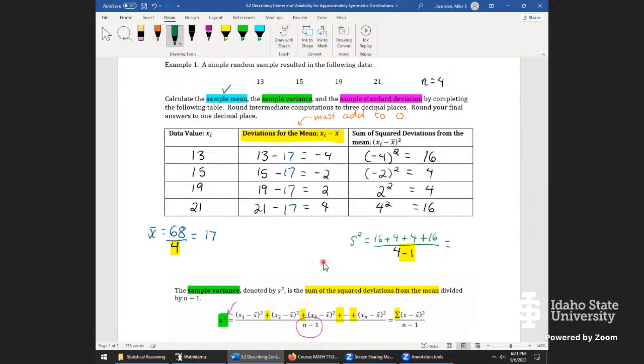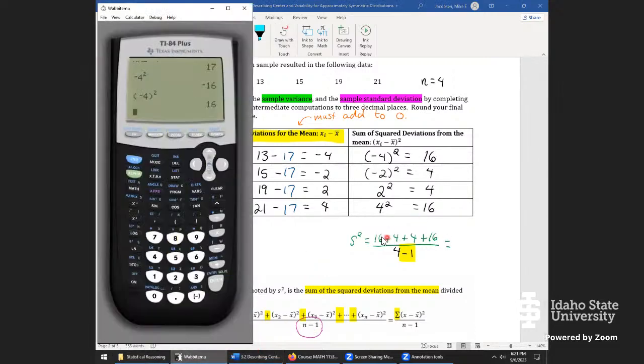Okay, so back to the calculator. If you had some nastier stuff right here, here's a decent strategy for just throwing it all to the calculator and moving along to the next problem. Wrap the whole numerator around with parentheses. So start with the open parenthesis here and just type it in left to right. 16 plus 4 plus 4 plus 16.